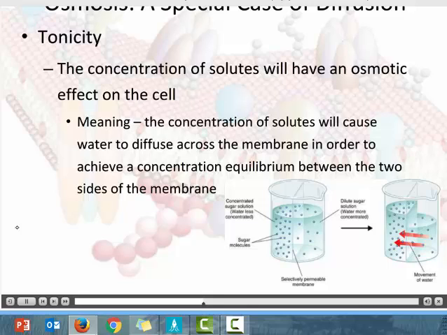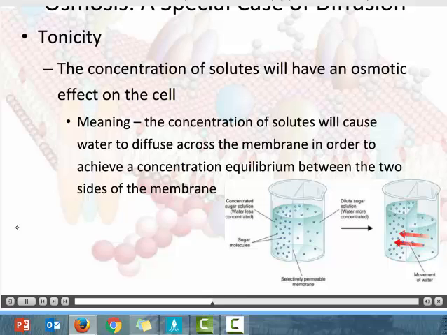Because these solutes are not capable of moving across the membrane, water is going to be the only thing that can move across the membrane to alter the concentration on each side of the membrane until we get an equal concentration of water molecules to solute molecules.